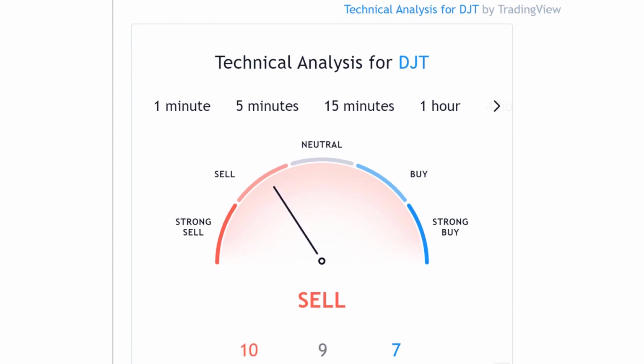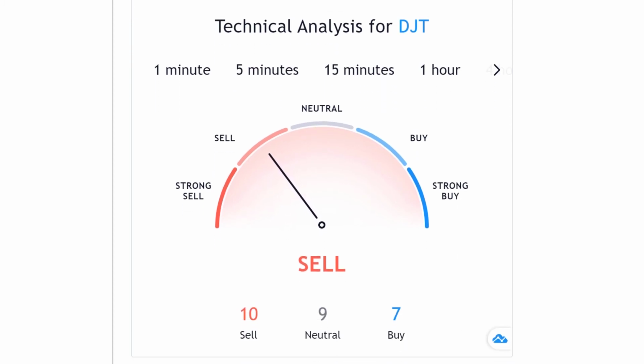Now that is a little bit of a worrying sign because as discussed in previous lessons and videos, the transports usually start to fail before the Dow Jones 30, the industrials, start to fail and break down because less goods are being transported, ready for sale, shipped around the world, trucked around or in logistics centers, etc. So these are transportation companies and you can see that is currently a sell.